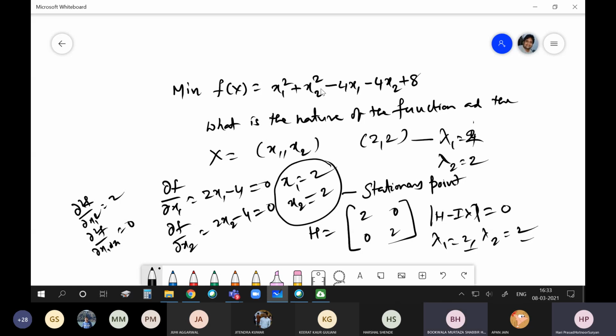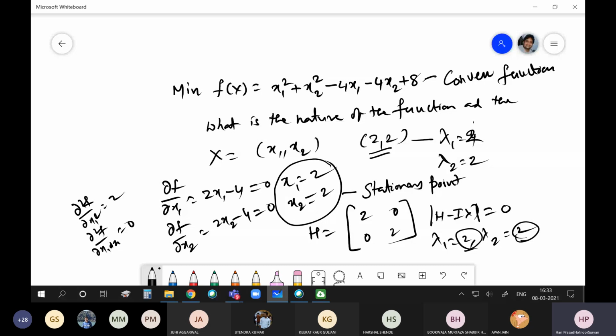Global, because it is independent of the decision variables. So basically this is a convex function, and the global minima is achieved at (2, 2). And what is the minimized value? You substitute in this objective function and get the value. Okay, so this is how we can find it out.